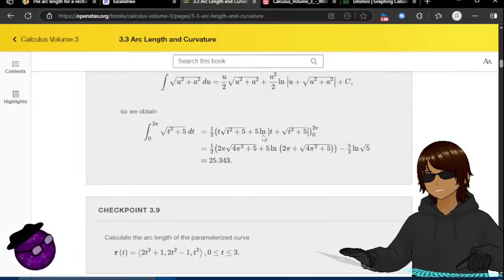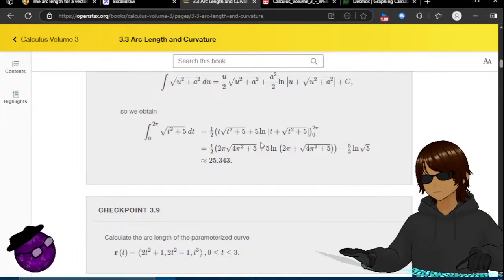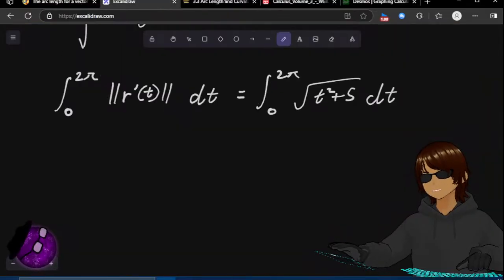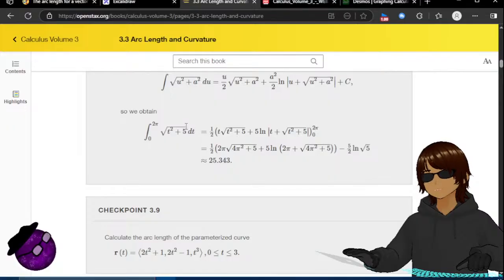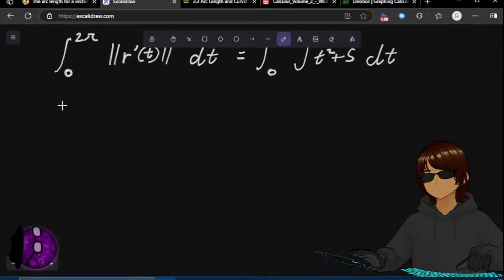How is the integral of this? Hold on. Is this something like memorized already before? I don't remember doing this. So t squared plus 5. Wait.